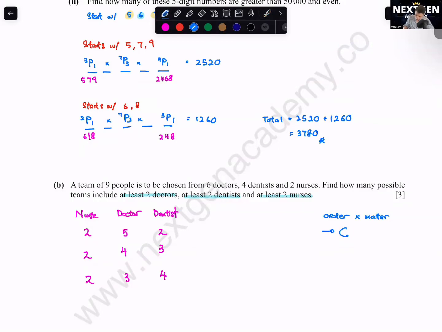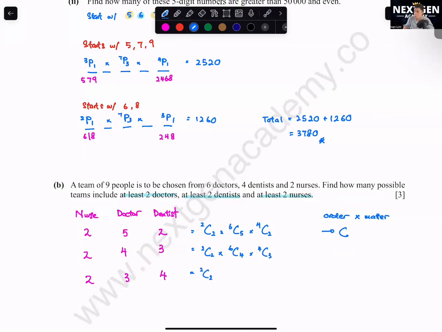So now let's calculate this. Here it will be 2C2 times 6C5 times 4C2. This one, 2C2 times 6C4 times 4C3.